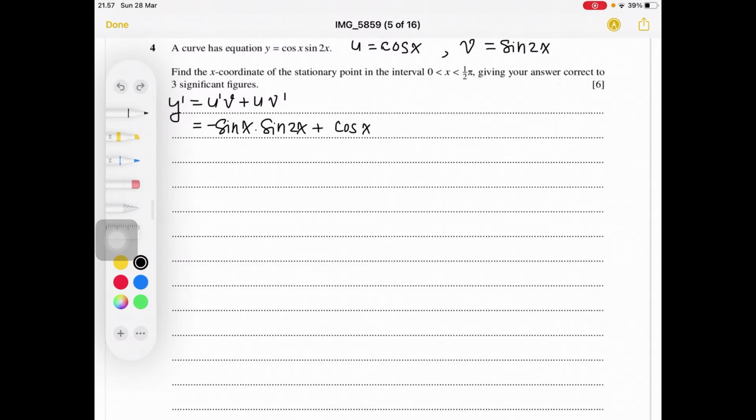So it's better we put the 2 in front here, so 2 cos 2x. And then equate the result with 0.